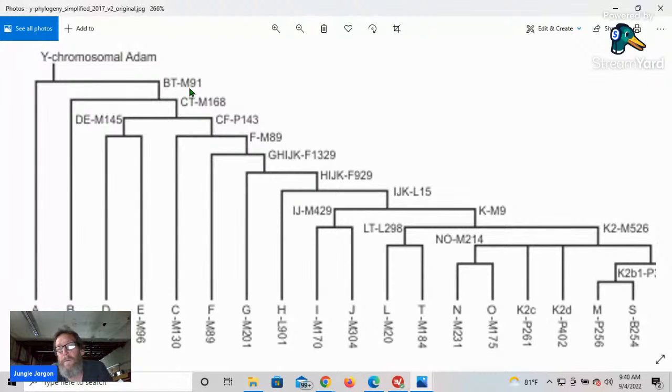BT, the odd one out, of course, is A. CT, the odd one out, is A and B. The only ones that don't have this identifier.